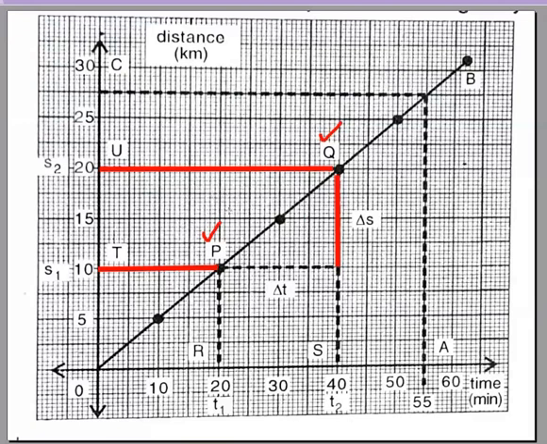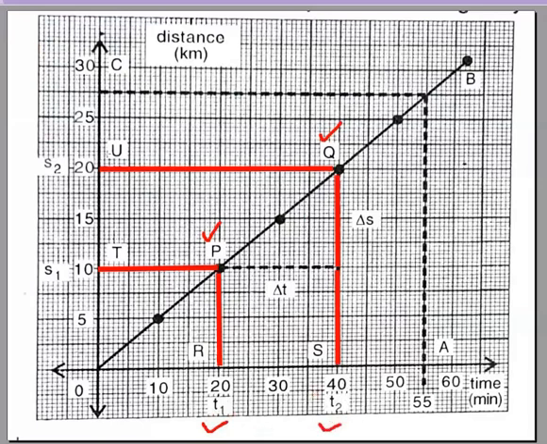Now, distance we have got. Let's now talk about time. And to find out time, naturally we'll go towards the x-axis. So we will draw a perpendicular line on the x-axis. It will give us, from point P, 20, and from point Q, 40. So T1 is 20 and T2 is 40.